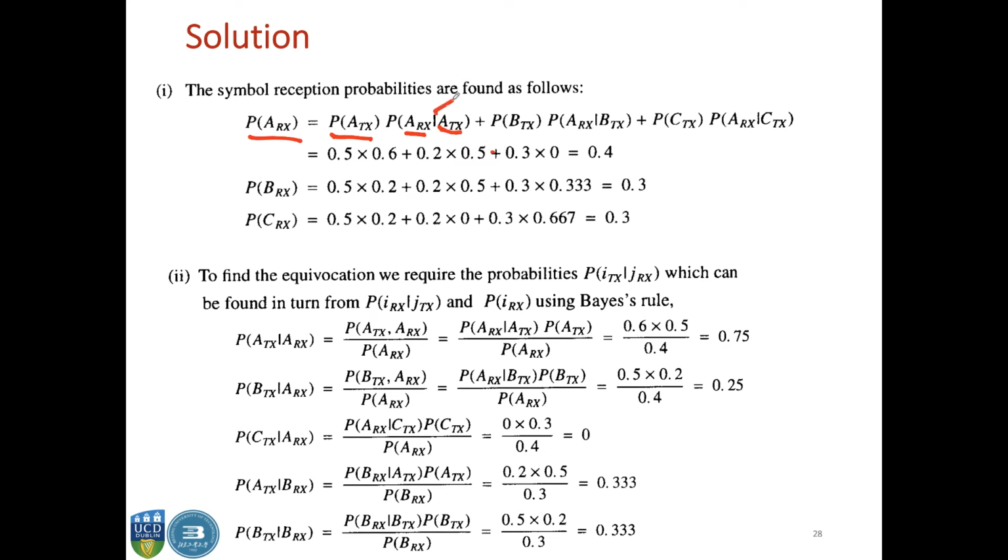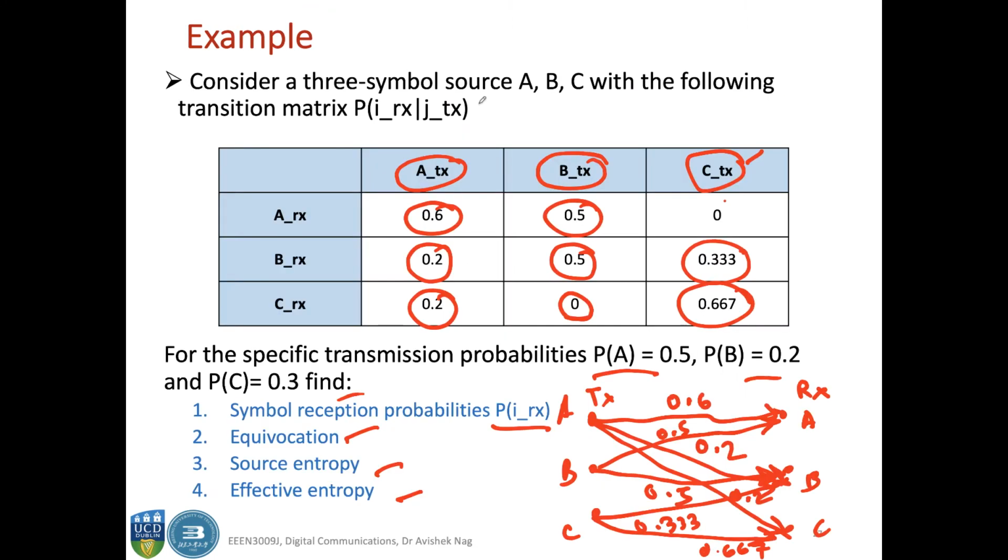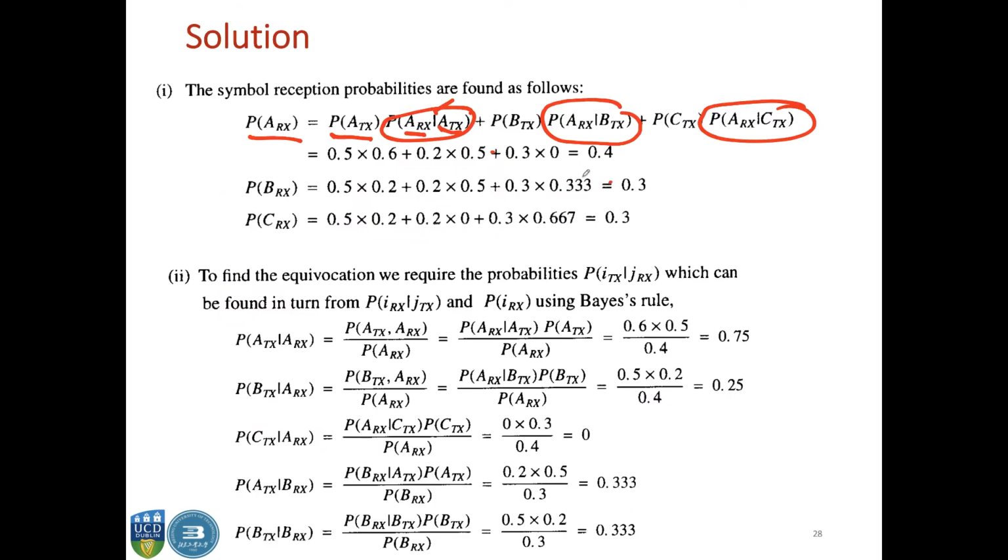These conditional probabilities are your transition probabilities that you can pick up from this matrix, and all these source probabilities are given. So these are basically your a priori probabilities. So you get 0.4. Similarly, you can calculate probability of receiving a B and receiving a C as 0.3 and 0.3 respectively.